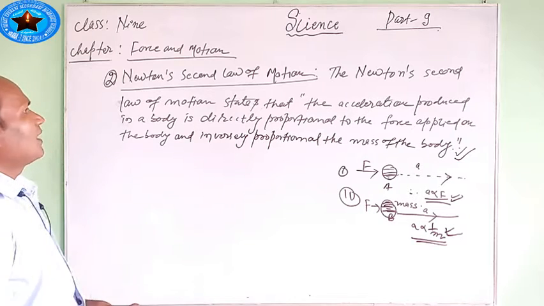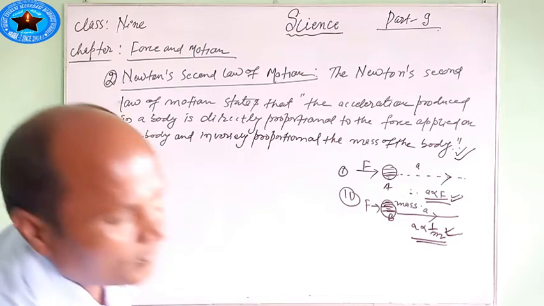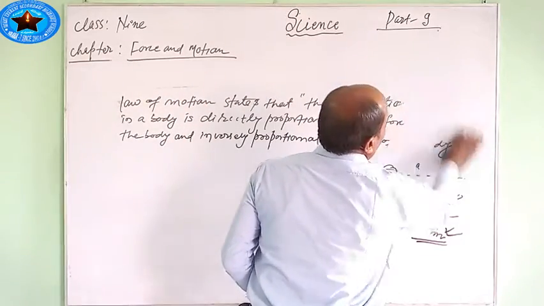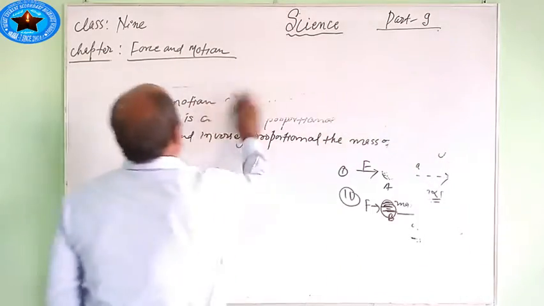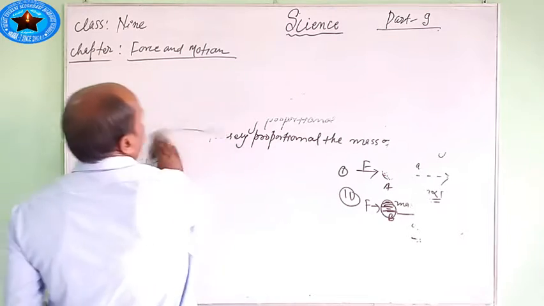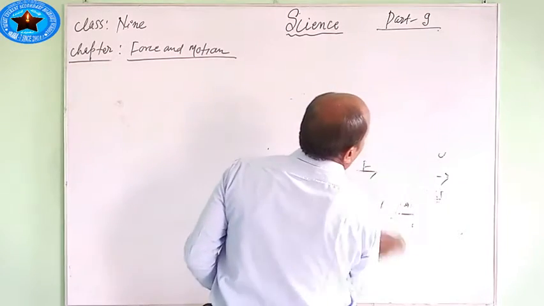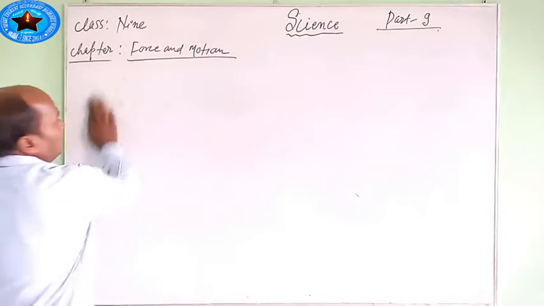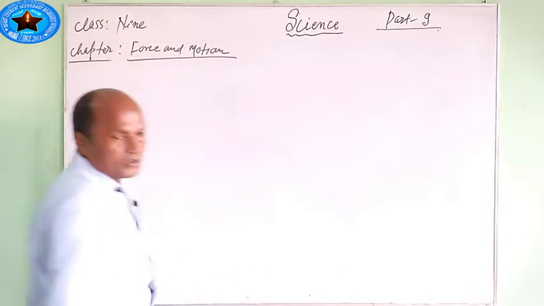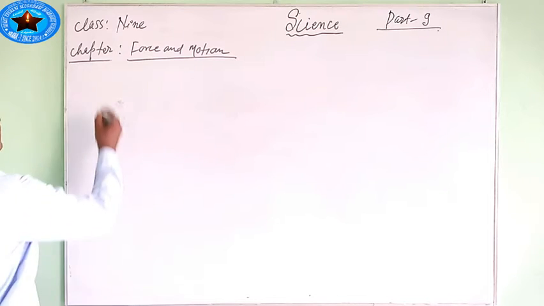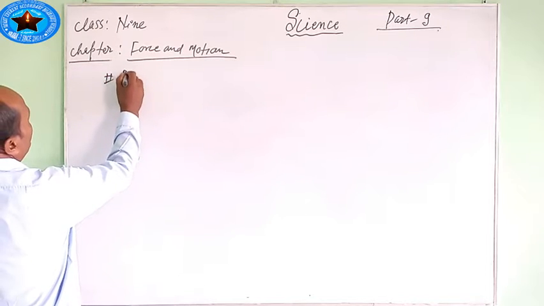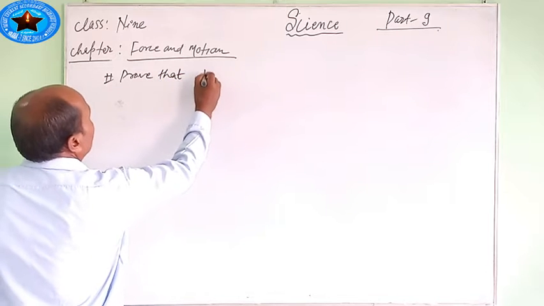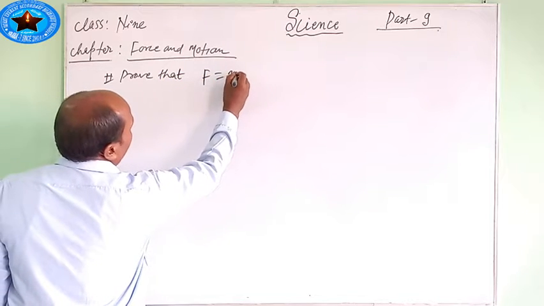After this, I will teach you the other topic: proving that F is equal to ma, under Newton's second law of motion. How can we prove that F is equal to ma? It is also very simple. Prove that F is equal to ma.